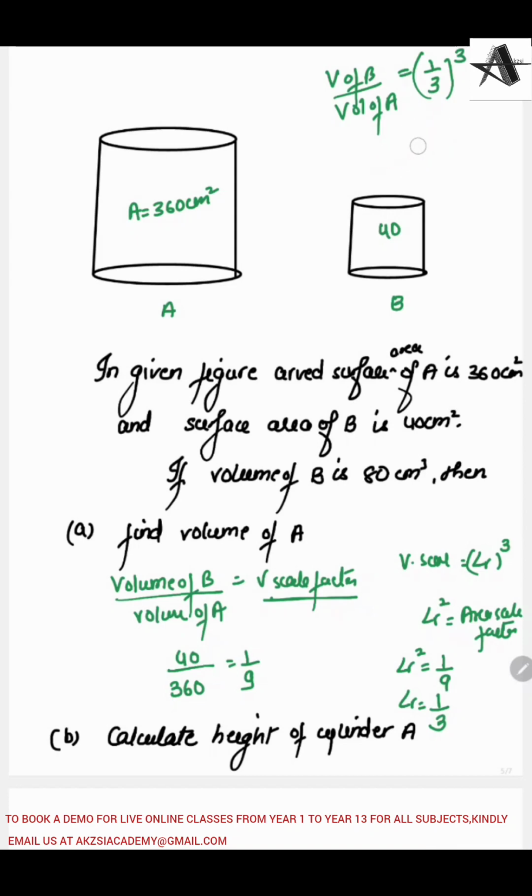So let me just put the value. 80 over volume of A is equal to 1 over 27. So 27 times 80 will give me volume of A. It's 2160 centimeter cubed. So ultimately volume of A is 2160 centimeter cubed.